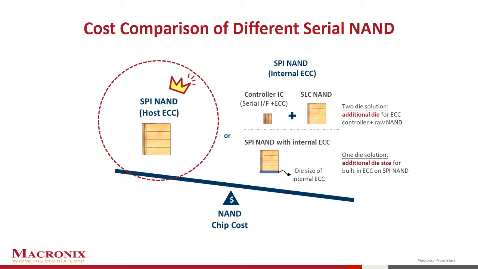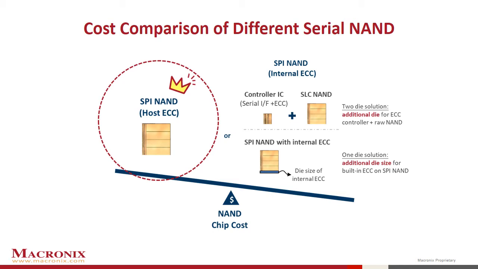Number one, by adding the control logic on the NAND device itself, that is a monolithic die, which will increase the die size and the cost. Or number two, by stacking a controller chip on the NAND die, making it a multi-chip solution. Obviously, the multi-chip package has a cost adder, so it is generally more expensive than a monolithic solution.